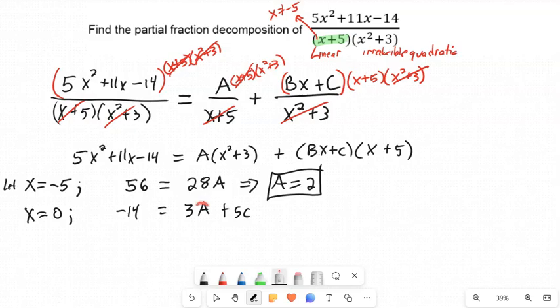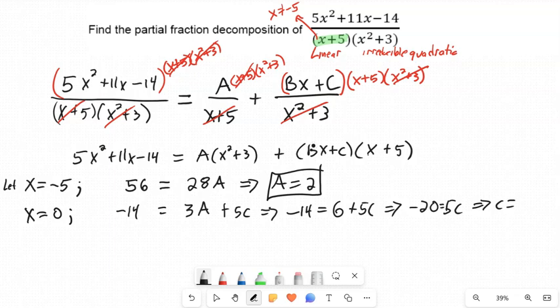If I plug in 2 for a, that is negative 14 equals 6 plus 5c. Subtract 6 to the left, and out pops c equals negative 4. Wonderful. Now we just have to get b.